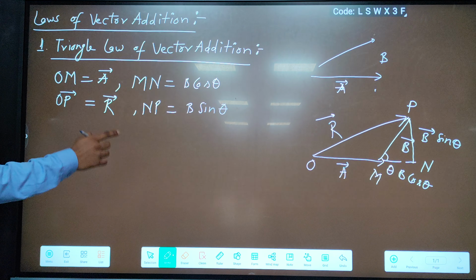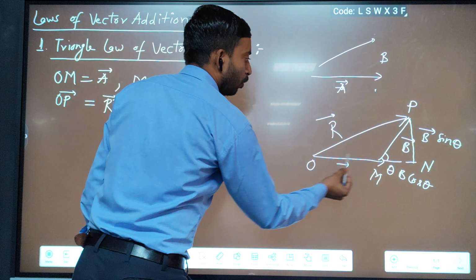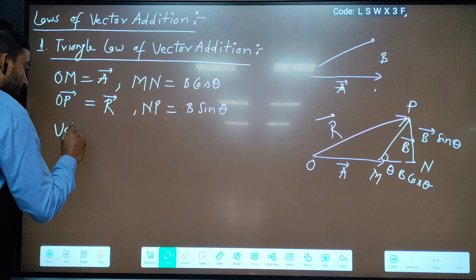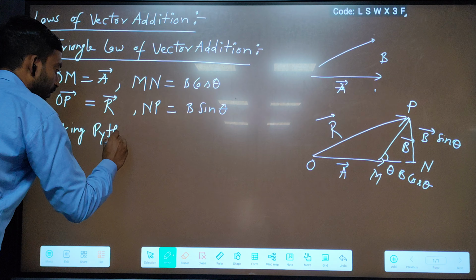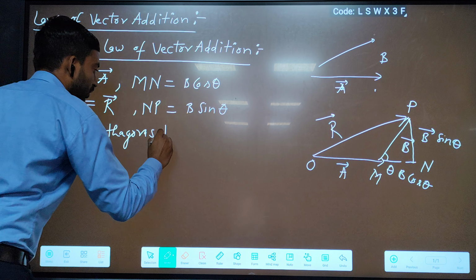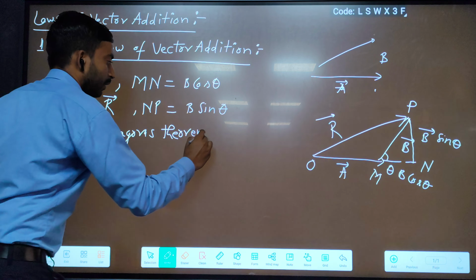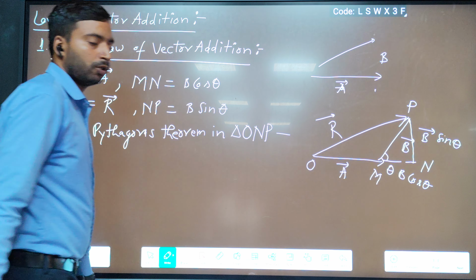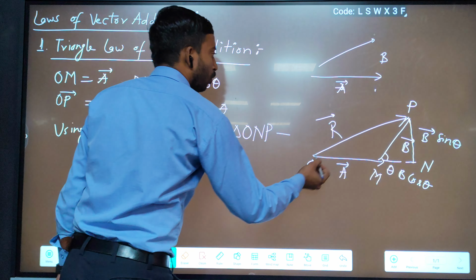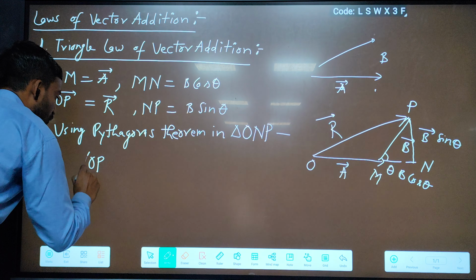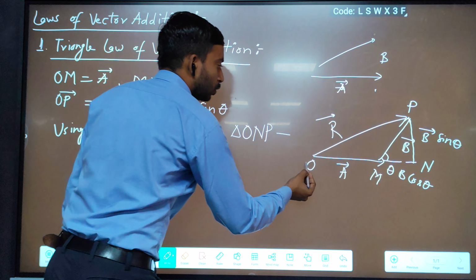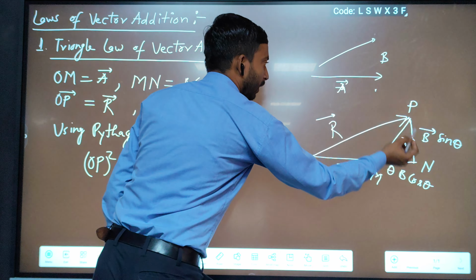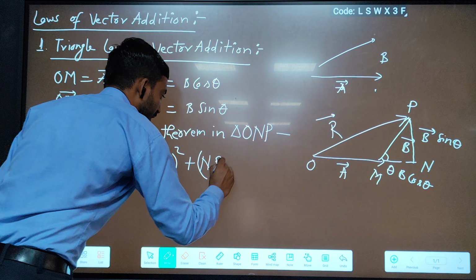So here in triangle ONP, using Pythagoras theorem, in triangle ONP, the square of OP will be equal to the square of OM plus the square of NP.